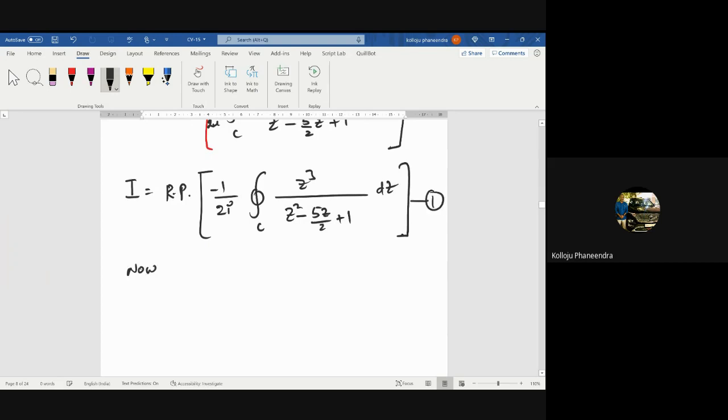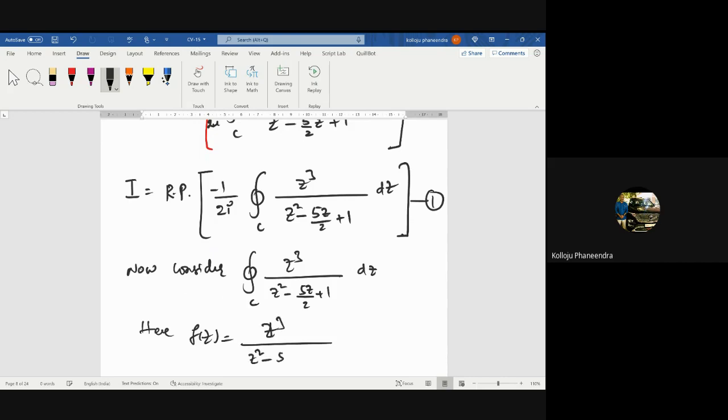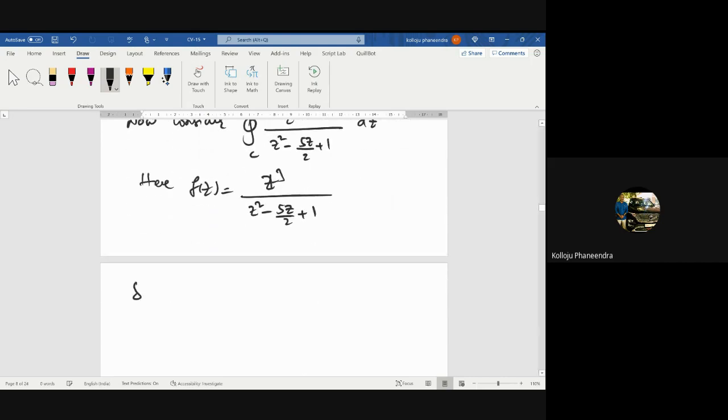Now consider the integral over C. This complex integral, I have to consider: z cube by z square minus 5z by 2 plus 1 dz. Here what is f of z? z cube by z square minus 5z by 2 plus 1. What are the singularities? The denominator equal to 0, right?